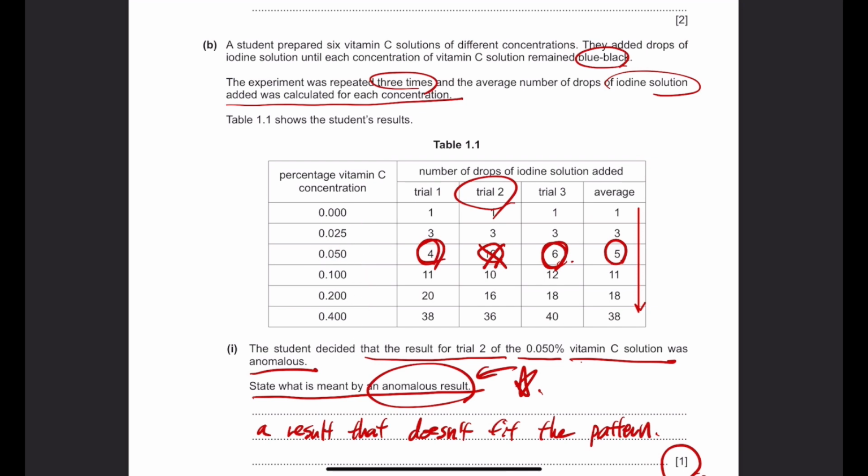You can see it starts from 0 and goes to 0.025, then to 0.05, and then to 0.1. So the increment is not consistent, and then it changes from 0.1 to 0.2 and then up to 0.4. You can see there's a big jump between here and here as well.